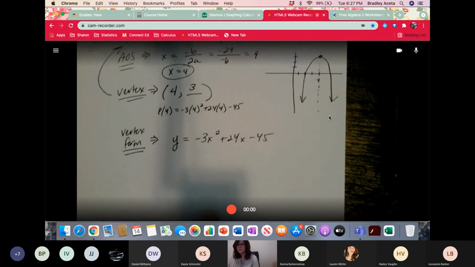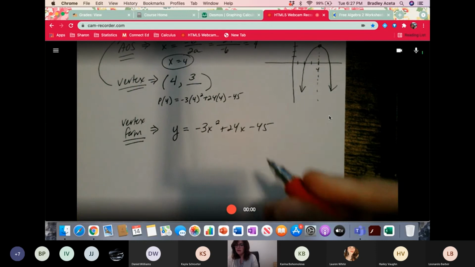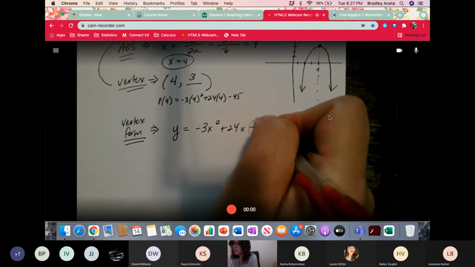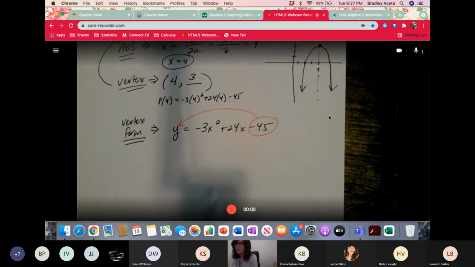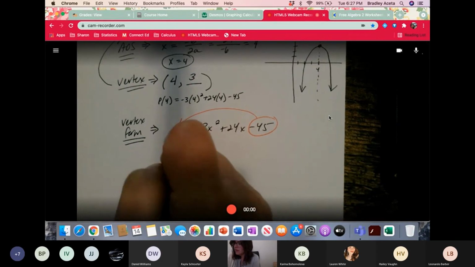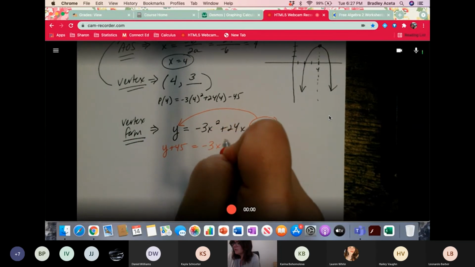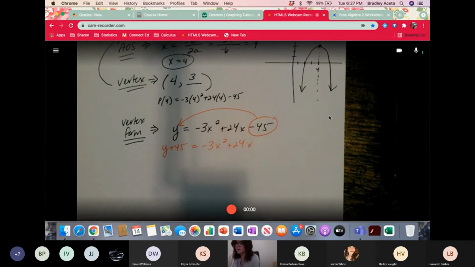Okay? And I'll go through the steps, hopefully a little slowly, not too slow, but so you'll make sense. You take the number and bring it over with the y and change its sign. So now you have y plus 45 equals -3x squared plus 24x.